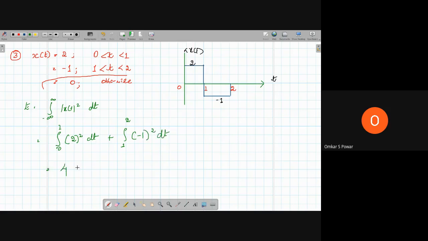So 4 outside, t varies from 0 to 1, then 1 outside, integration is t from 1 to 2. Then if you solve this, 4 into 1 minus 0, because the limits is like that, plus 1 into 2 minus 1. So what's the value you get? 4 plus 1 is equal to 5. Okay.